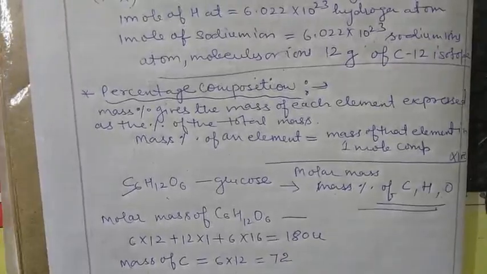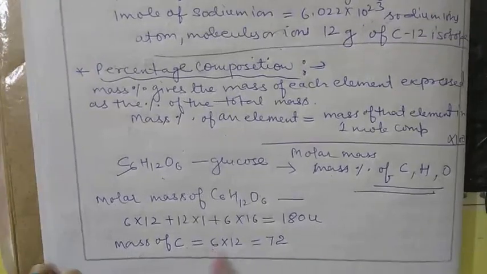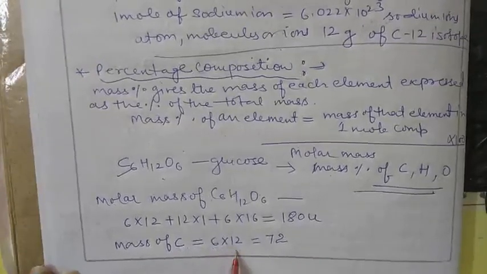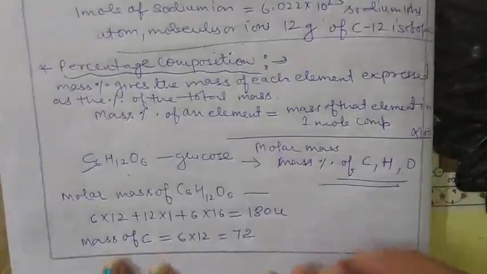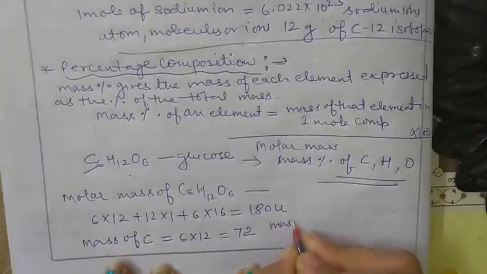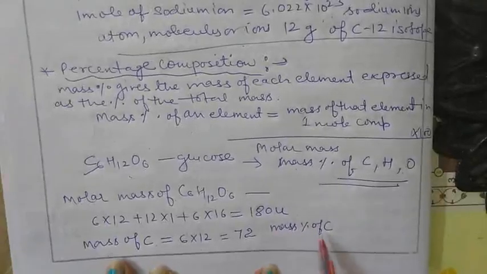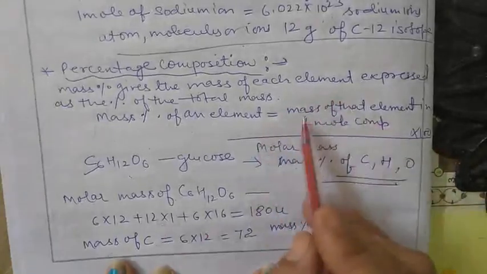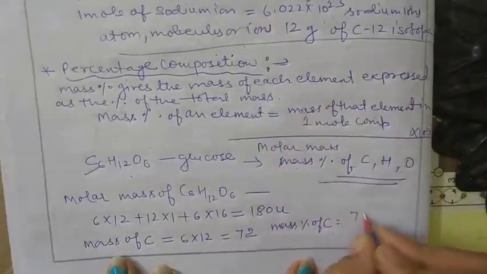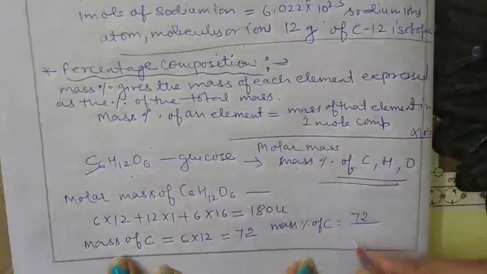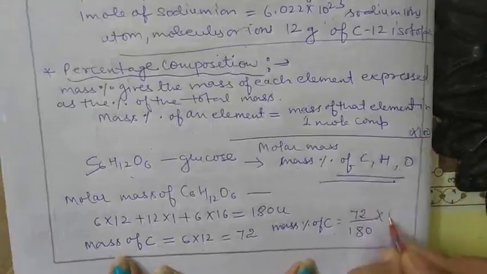This is the mass, not the mass percentage. This is the mass of the carbon, that is 6 multiplied by 12 is equal to 72. Now, to find out the mass percentage of carbon: mass of the given element, that is 72, divided by the molar mass, that is 180, multiplied by 100.